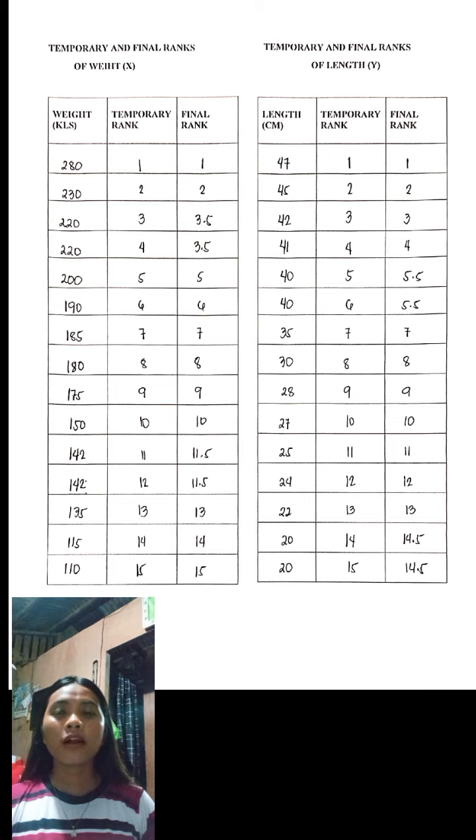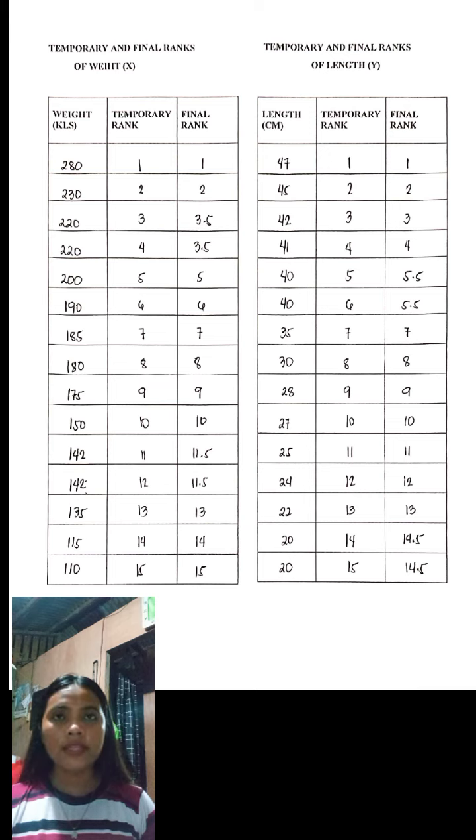And for our length in centimeter, we have the highest length of 47 and the lowest length of 20. So 47 centimeter is our rank 1, and still that is our final rank since 47 centimeter is just only 1.